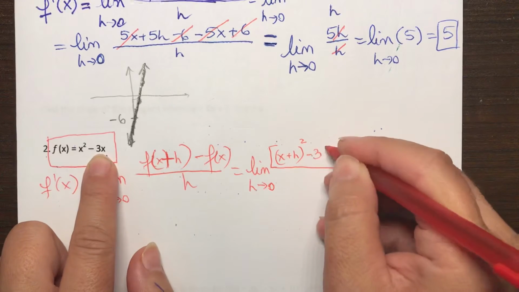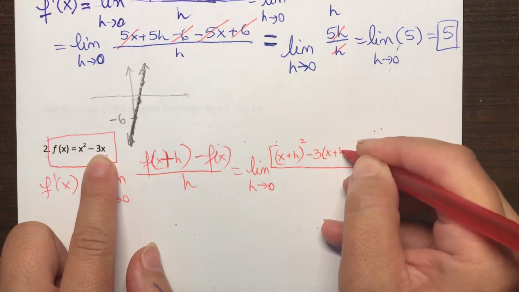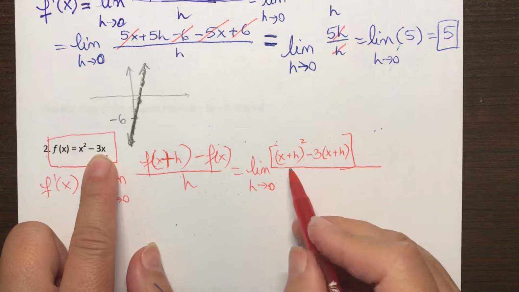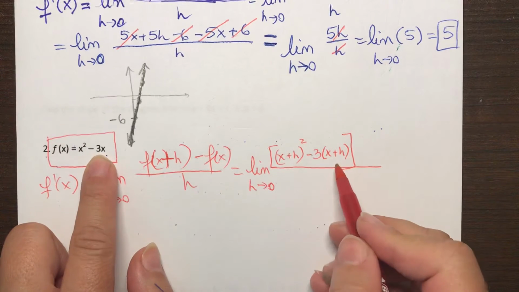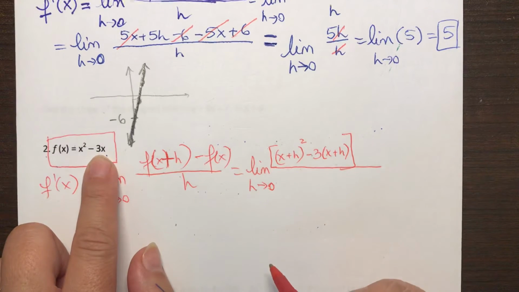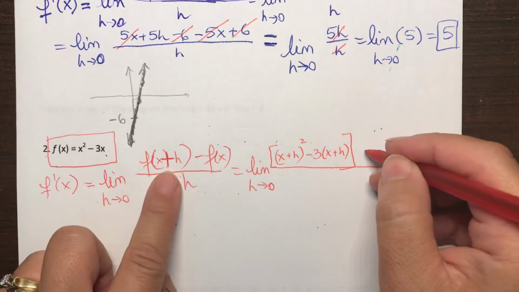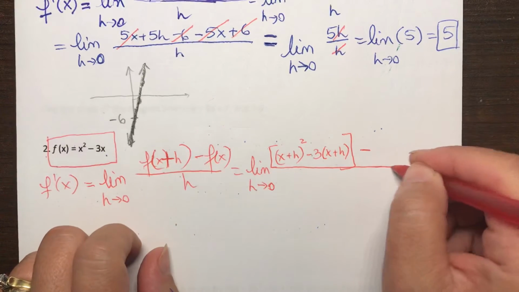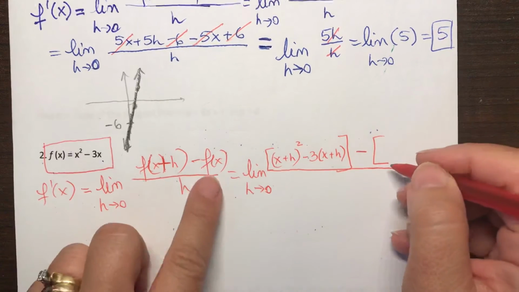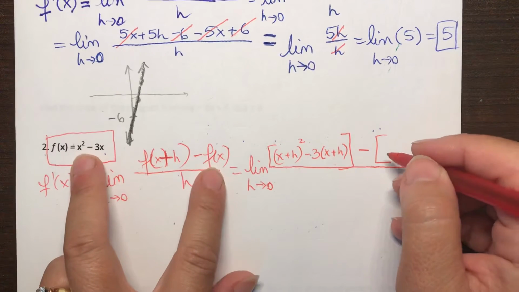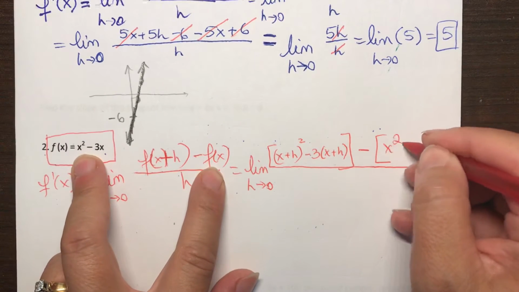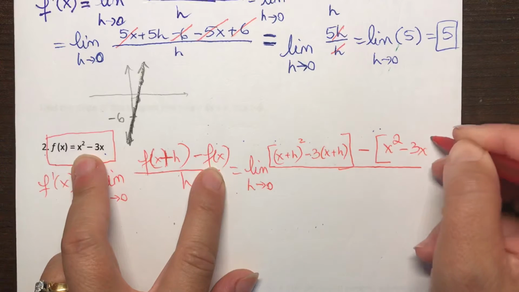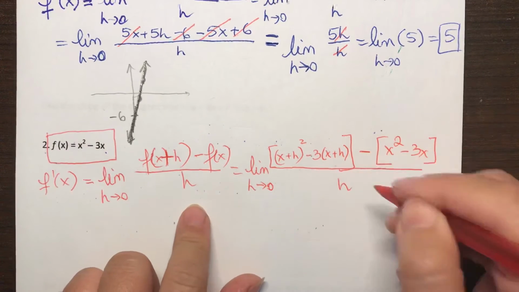Don't forget, it's got 2 terms. So this is your x squared minus 3x, right? Except we substituted it with an x plus h. So this is f of x plus h. It says minus f of x. What's f of x? It's simply x squared minus 3x all over h.